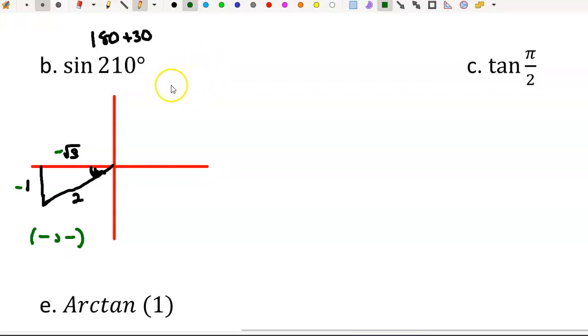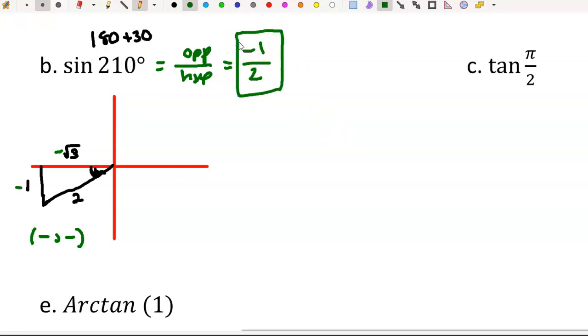Okay? So mind your signs, right? So if we know that, we can say, well, that's going to equal sine is opposite over hypotenuse. Opposite of this would be -1. Hypotenuse would be +2. So we have an answer of -1 over 2. All right. So that's good. Good reminder. Watch your signs.